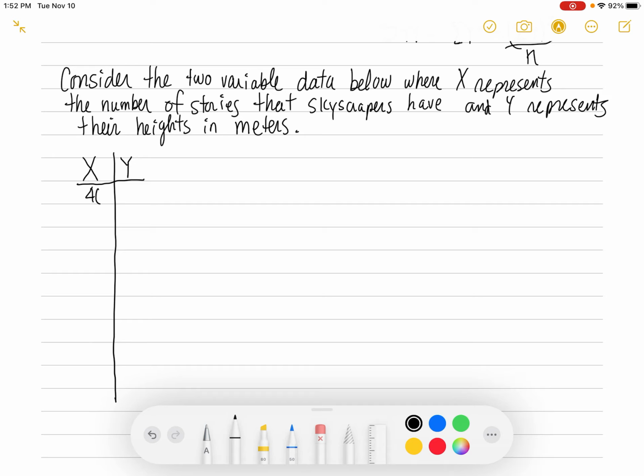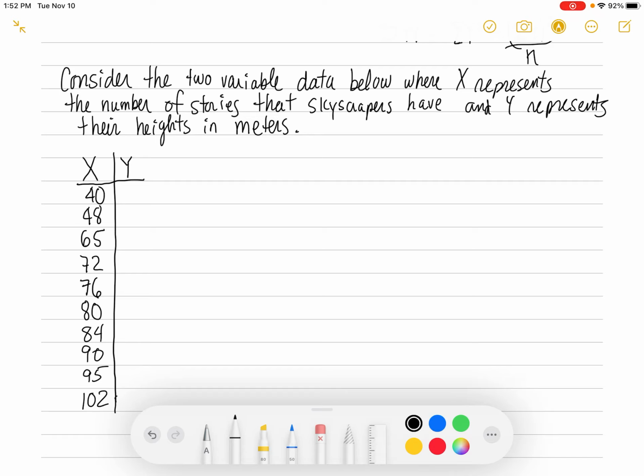So we have a 40-story skyscraper, a 48-story skyscraper, a 65-story skyscraper, 72-story, 76-story, 80-story, 84 stories, 90 stories, 95 stories, and 102 stories.